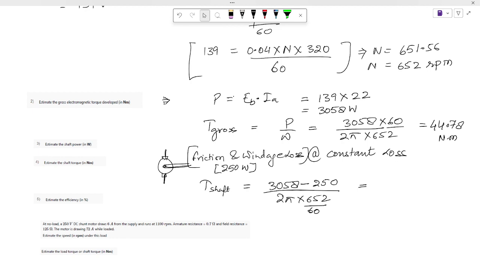Hello. What is the answer? 41.52 Newton meter.